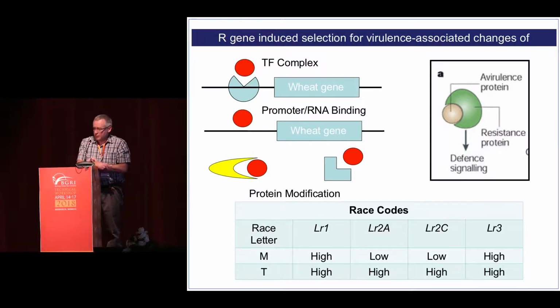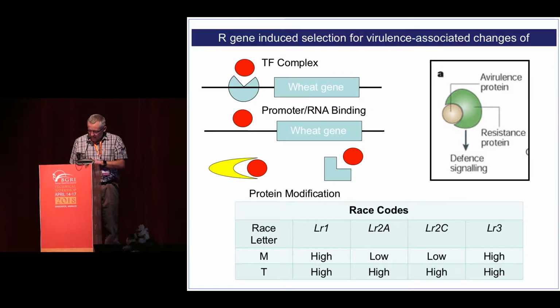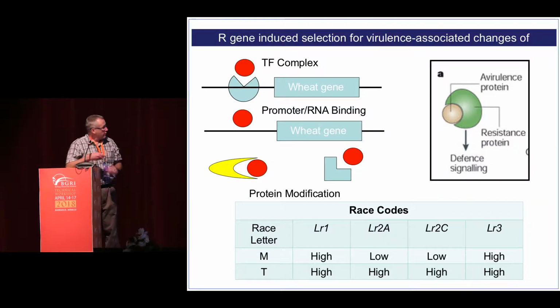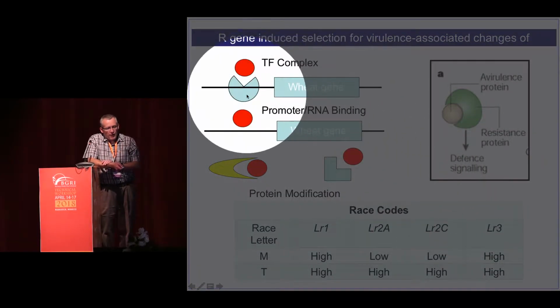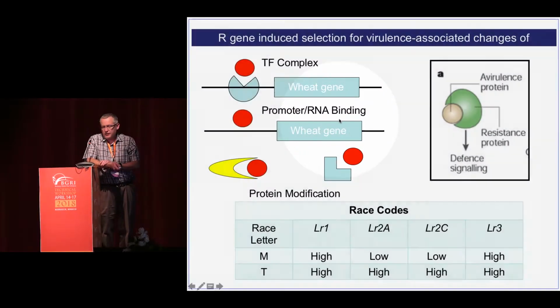And so since we're a mixed audience, I want to take just a little time and kind of get everybody on the same page. So what we have in pathogens, especially rust, is that each one, we have these effectors. And these effectors are molecules that the pathogen squirts into the cells, and it basically reprograms the cells.